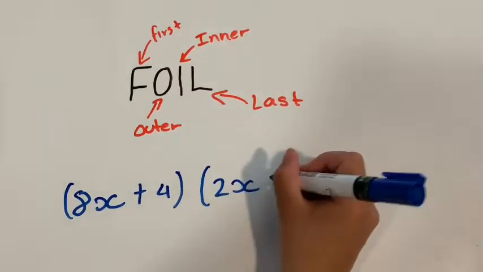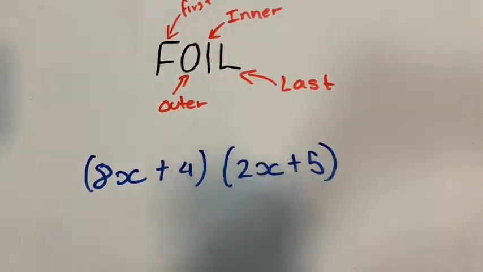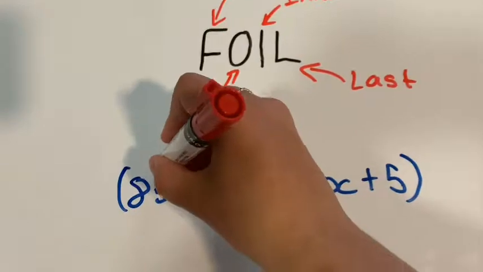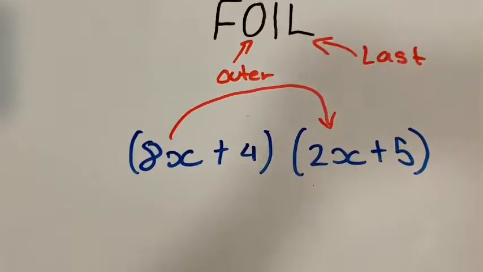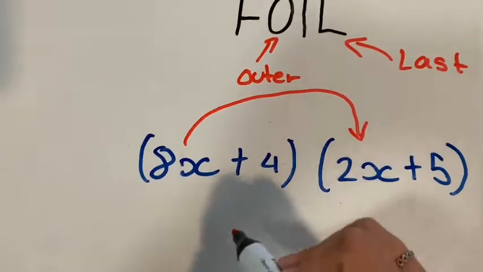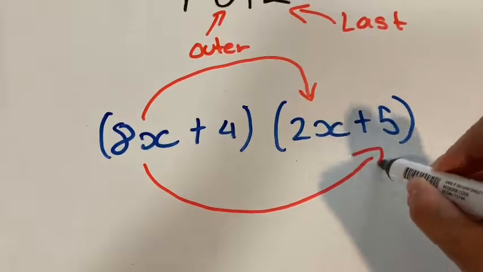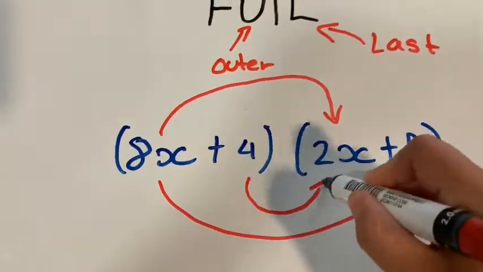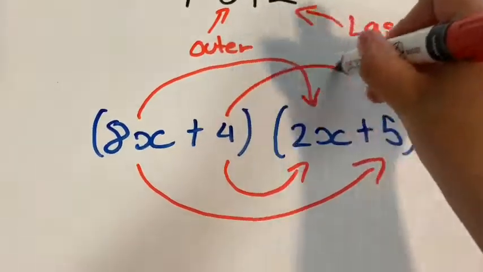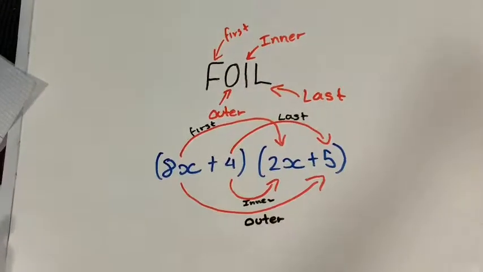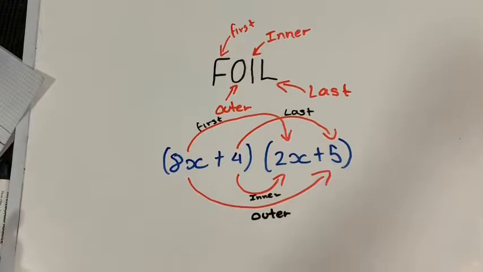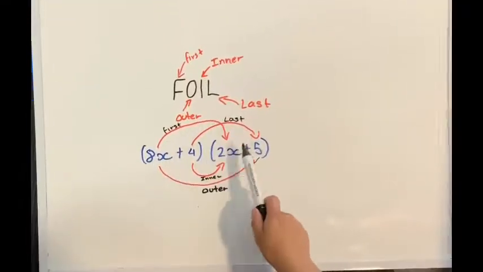Here we have 8x plus 4, and in the second bracket we have 2x plus 5. We're going to use FOIL for this, so that's our first one, our outer one, our inner, and our last. This just ensures that we multiply everything we need to in an orderly fashion.